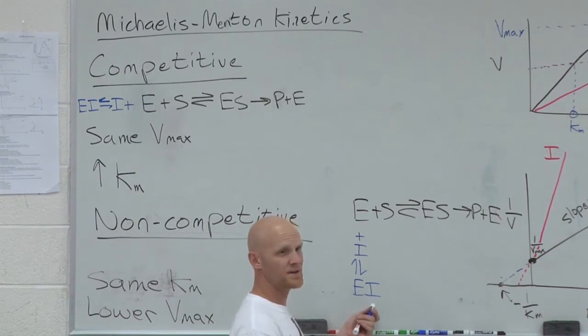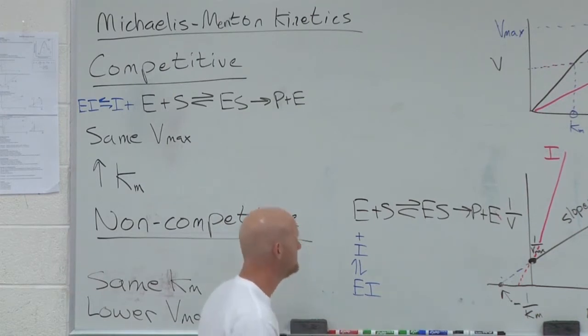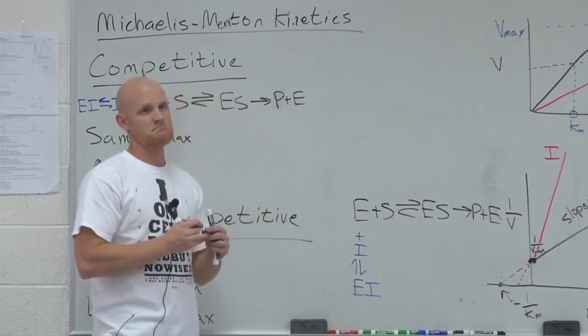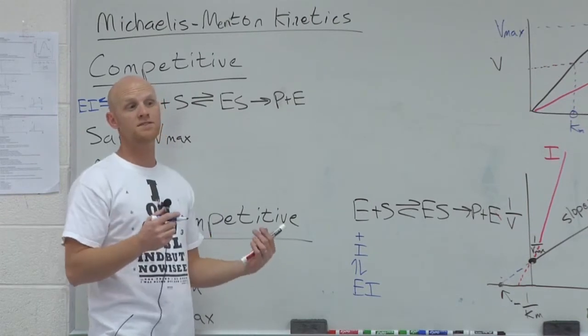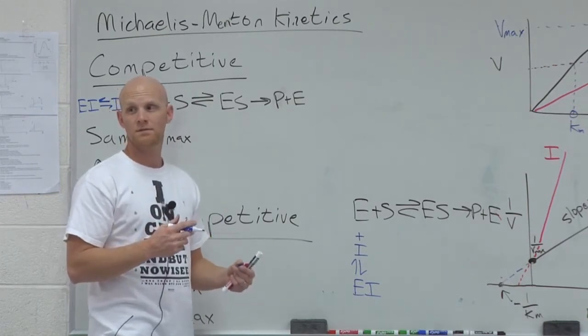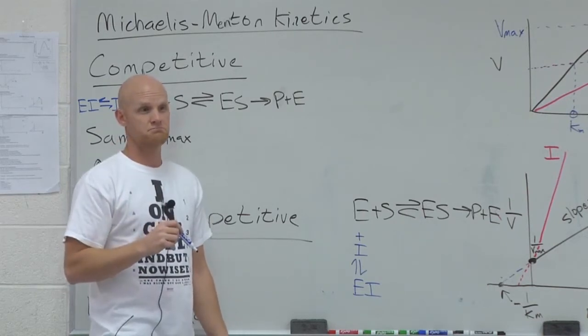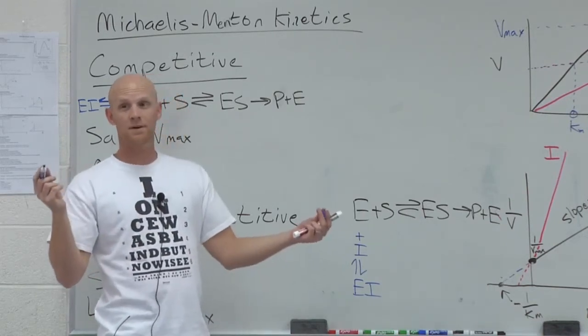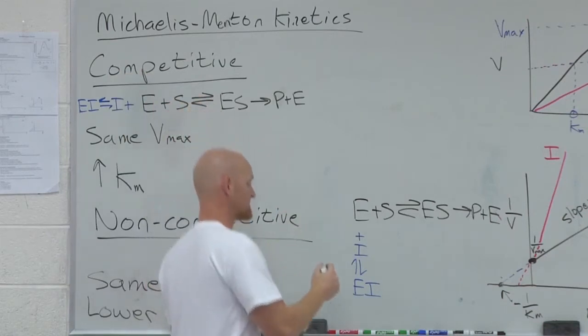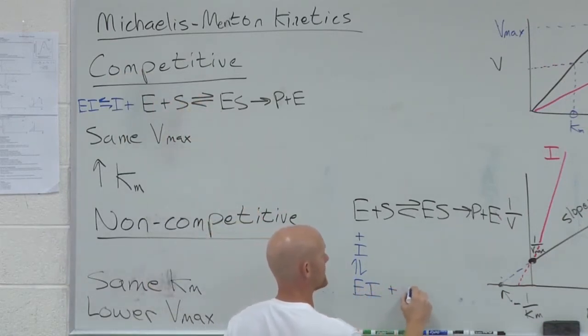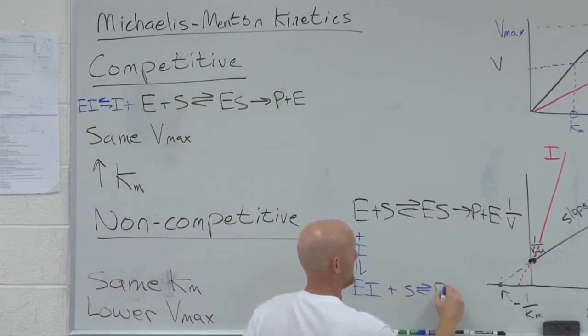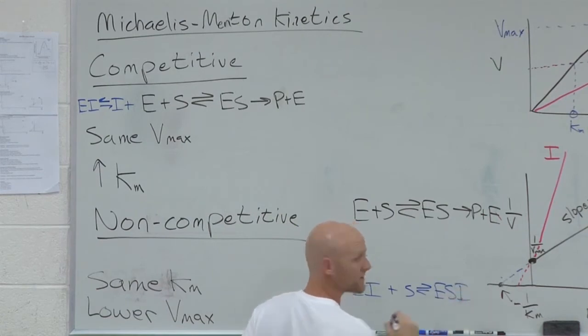And once you bind inhibitor, can I still bind to substrate at that point? With a knife in my leg, can I bring a lollipop to my lips? Yeah, sure. I can't do anything with it, but I can bring it to my lips and bind it. Sweet. So in this case, I could then interact this with substrate and have an enzyme substrate inhibitor complex.